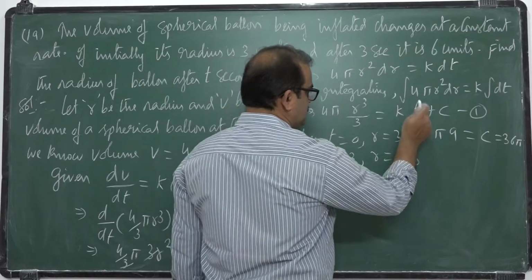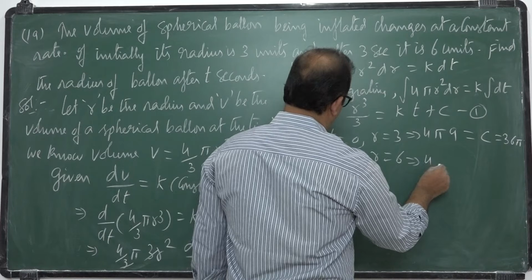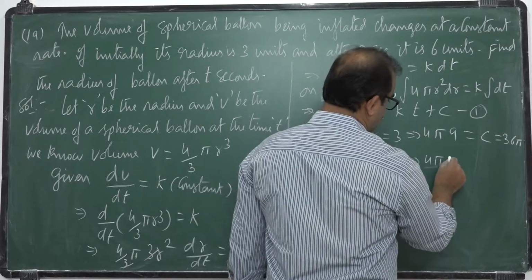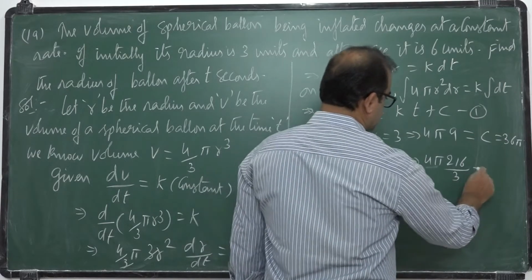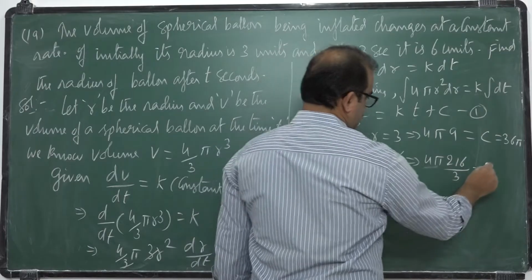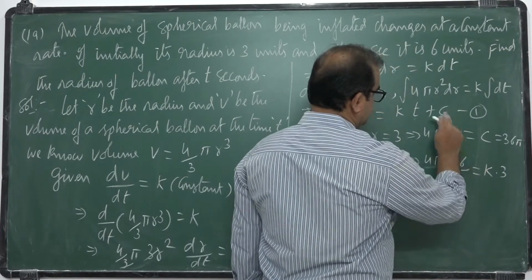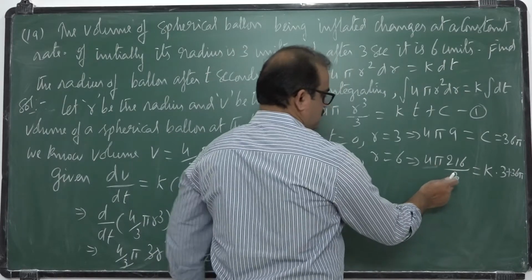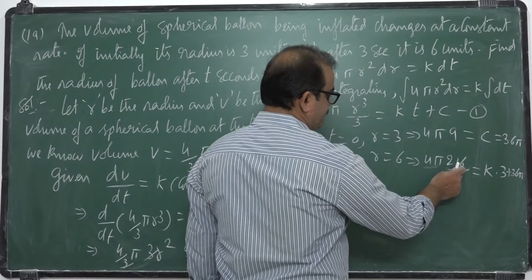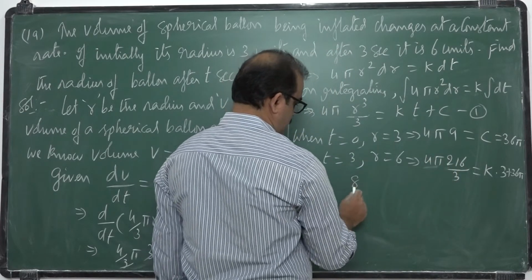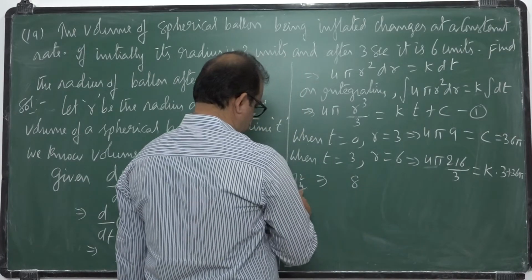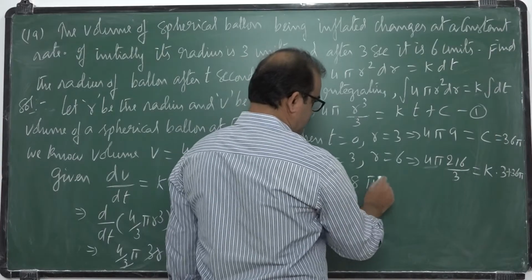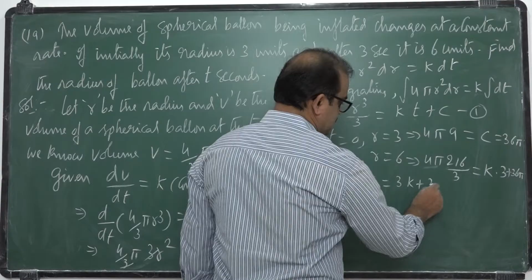Substitute these two values in equation 1. 4 pi r cube, r is 6, 6 cube is 216, by 3 is equal to k into t, t is 3, plus c, and c is 36 pi. 216 by 3 is 72, 72 into 4 is 288 pi, equal to 3k plus 36 pi.